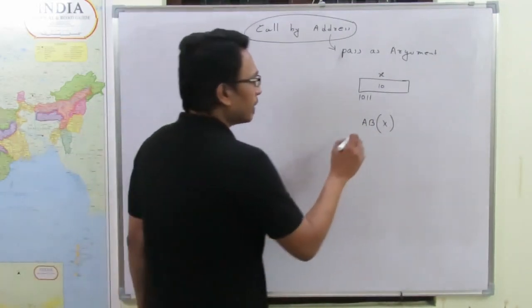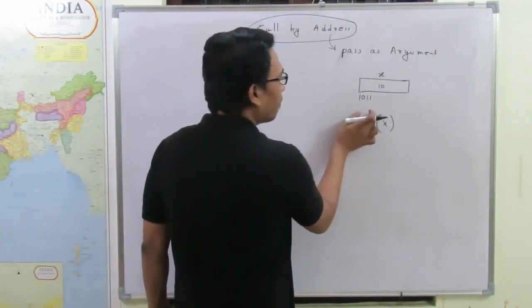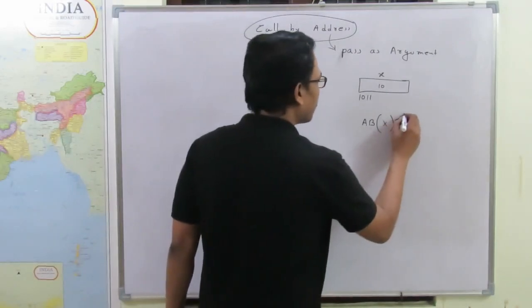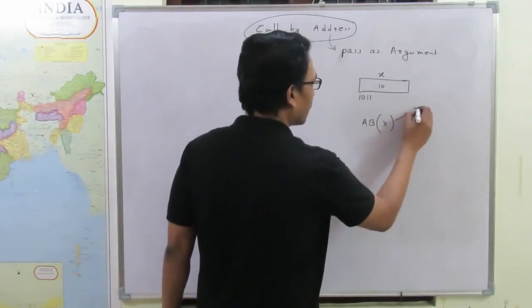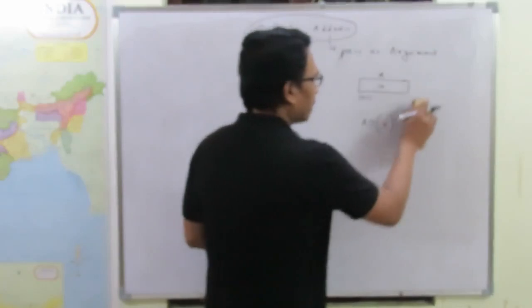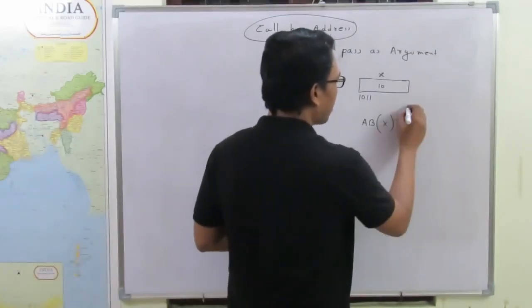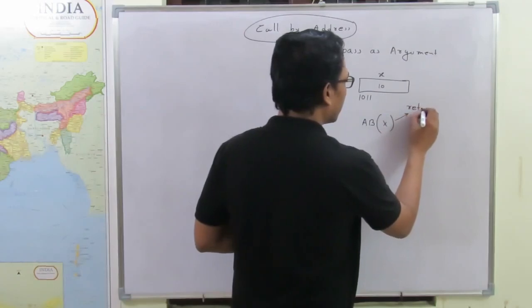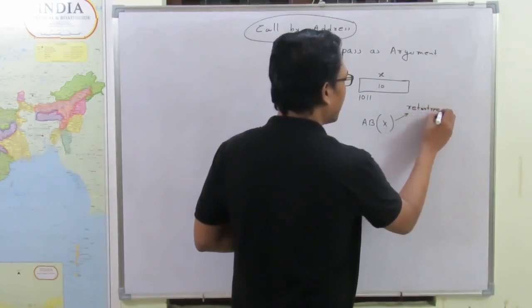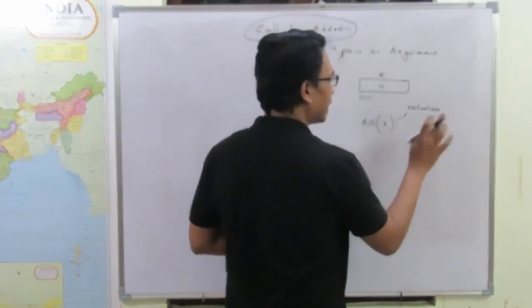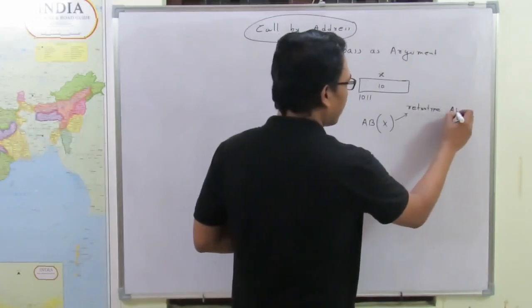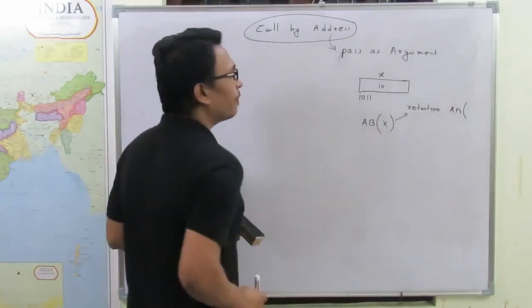That means the signature of this particular function will be return type, and the return type doesn't matter, that's why I write it as return type only, and then the ab function, and then what type of value it is.